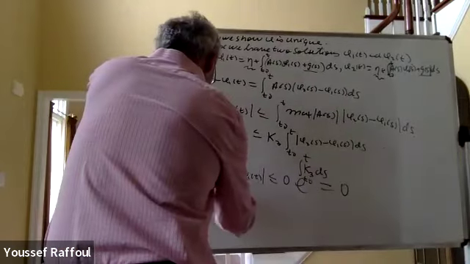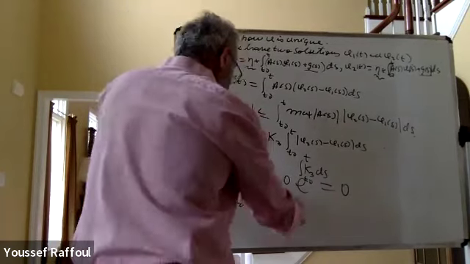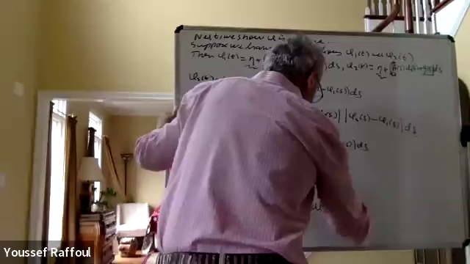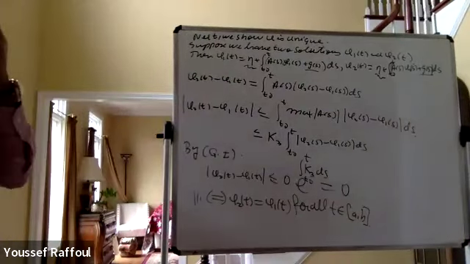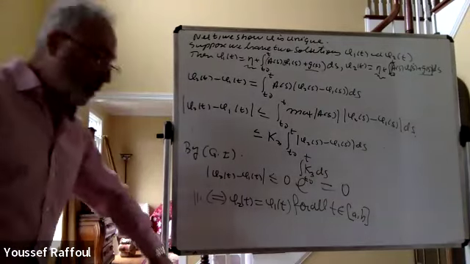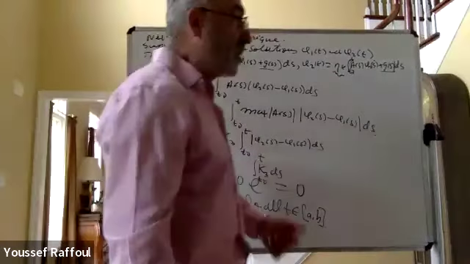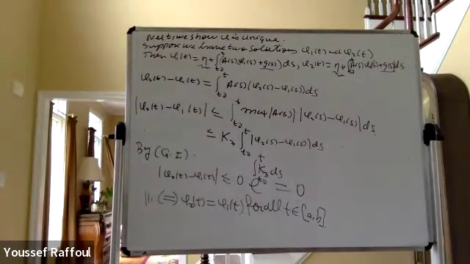So that means phi 2 of t equals phi 1 of t for all t belonging to the interval A B. So this shows the solution is unique. So you see how important Gronwall's inequality is? It gives you boundedness, it gives you uniqueness. Boundedness means existence of solution too.